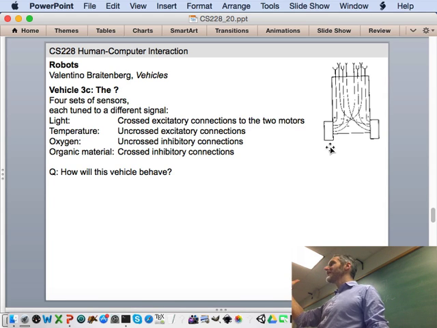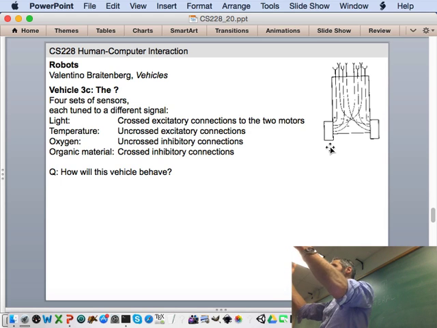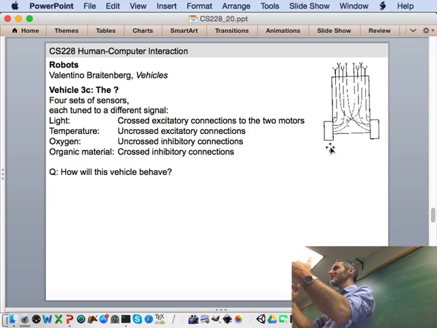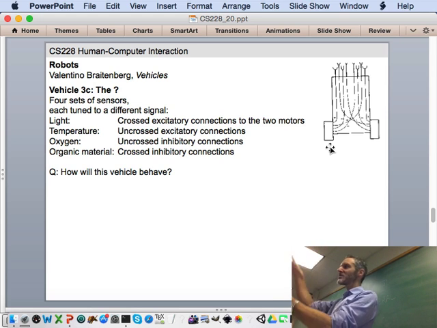Assume that all the signals arriving on those 4 wires are summed together. And some of those arriving signals may be negative, some may be positive, so they can kind of cancel each other out. We're going to take the raw sum, and if it's negative, the wheel will turn backwards. If the raw sum is positive, the wheel will spin forward. If the sum is kind of near 0, then the wheel will turn a little bit or not at all.